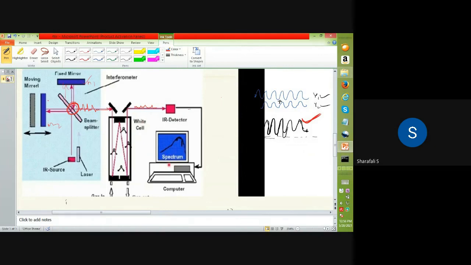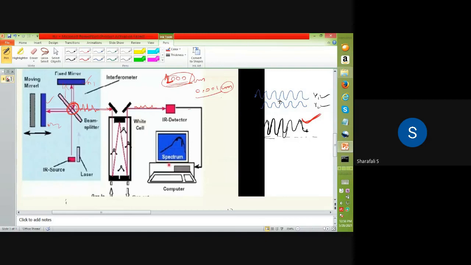For example, if the mirror moves 1,000 positions per centimeter, which means at every 0.001 centimeter position change, it has to take a step.